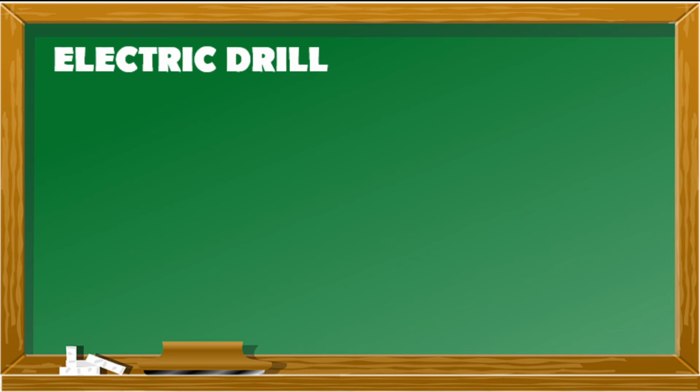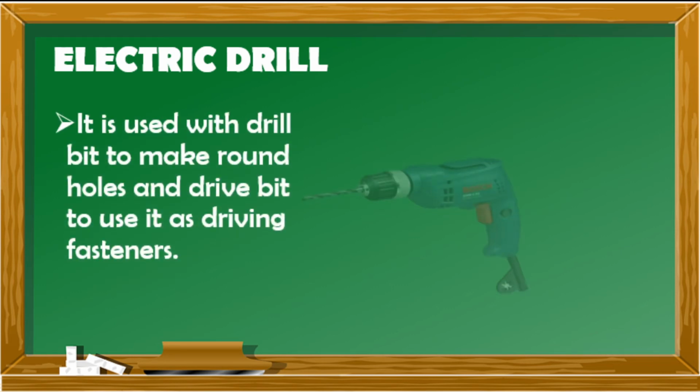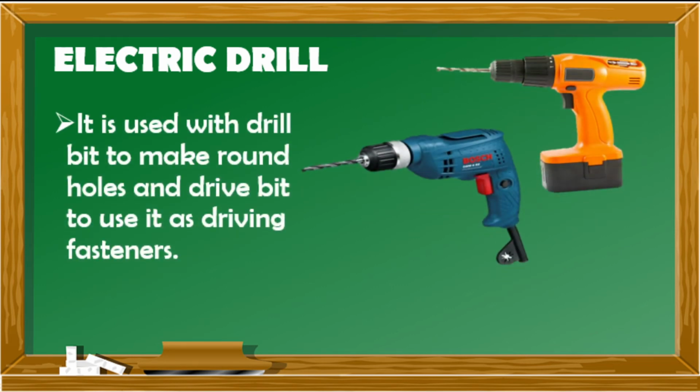The next sample is the electric drill. It is used with a drill bit, the one I showed earlier as a sample for drilling holes, and a drive bit. A drill bit makes round holes, and a drive bit is used as a driving fastener. So meron tayong dalawang klase rito.